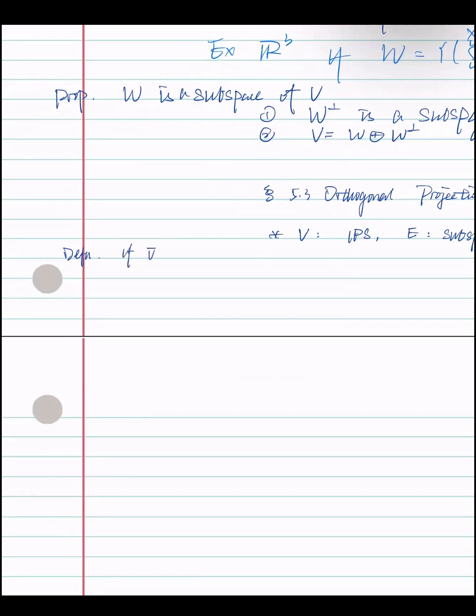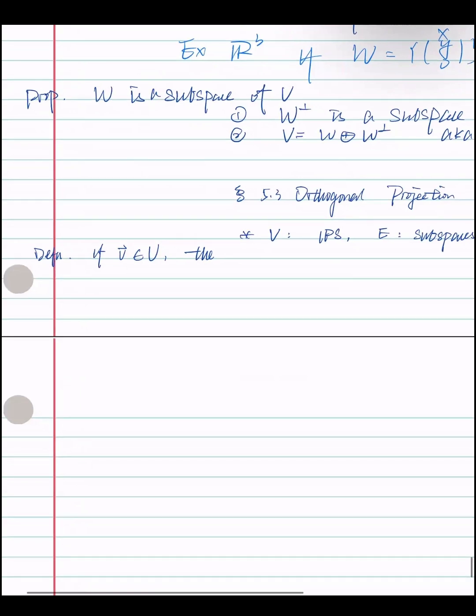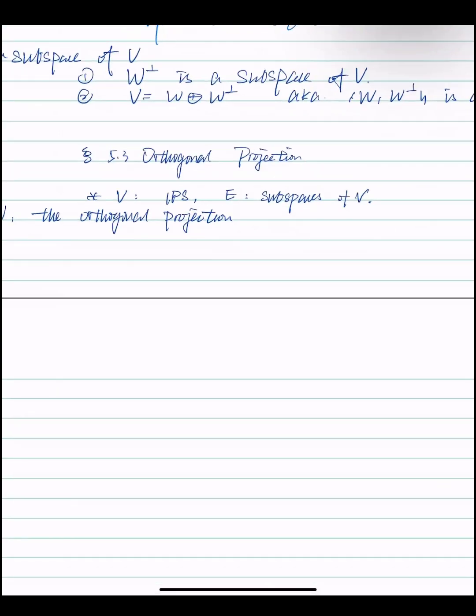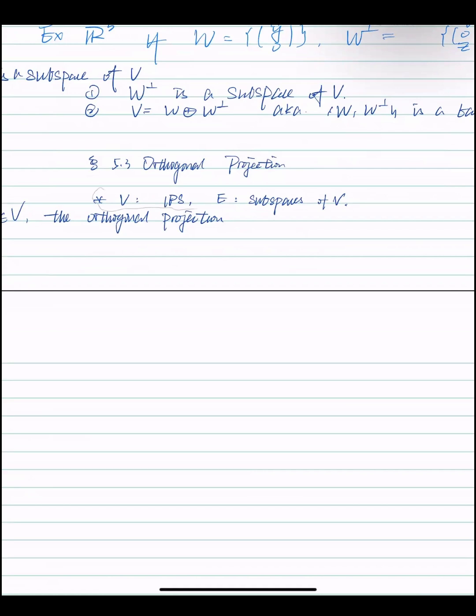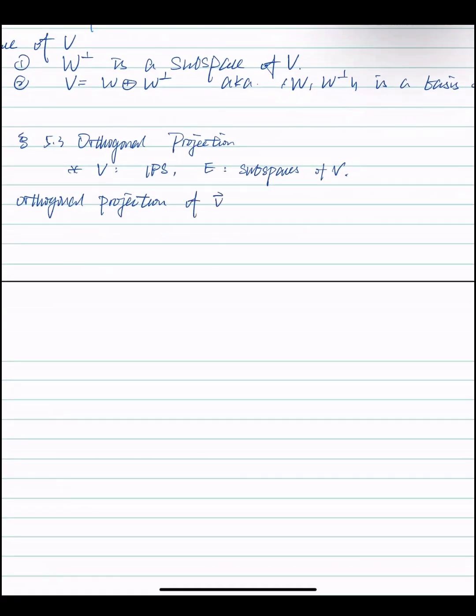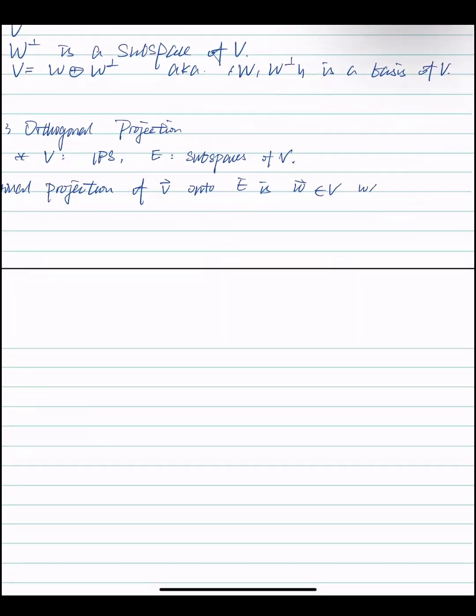So if a vector V belongs to the inner product space, then we say the orthogonal projection of the vector V onto a subspace E is a vector W that belongs to V with two properties.